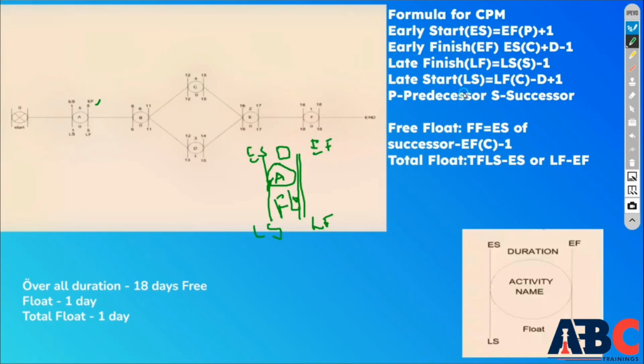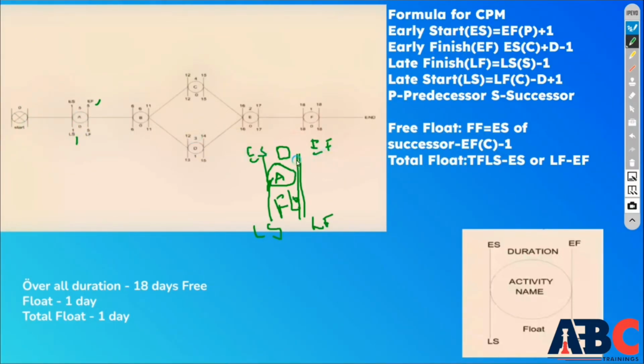The formula for early start is the predecessor's EF plus 1, where EF means early finish. So this way you can calculate your values. P means predecessor, S means successor, C means current activity. Similar formulas exist for the others, and we have to calculate them.